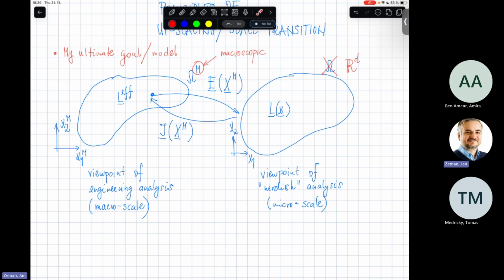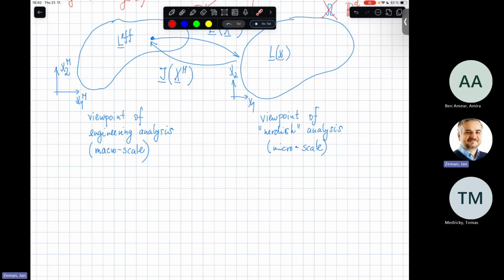And I would like to have this quantity only varying at the level of the engineering analysis. I would like to disregard this part, which I do not want to know in the engineering analysis.